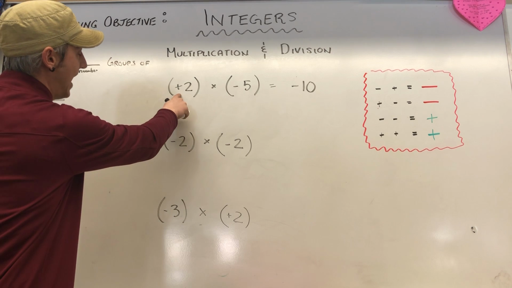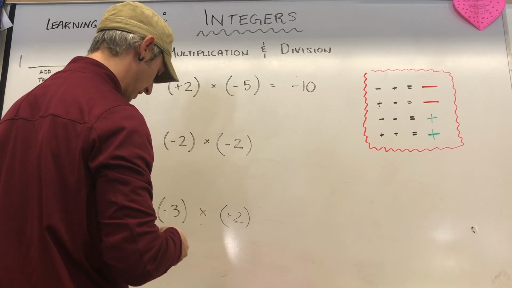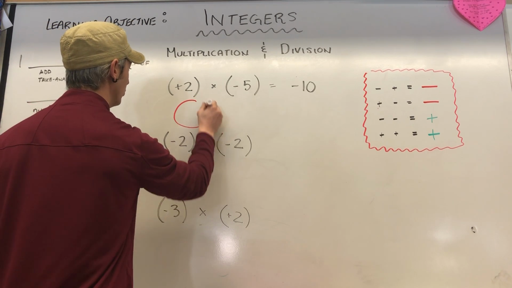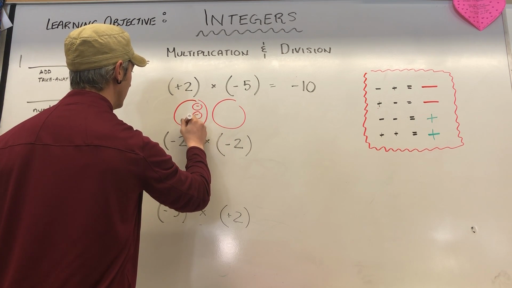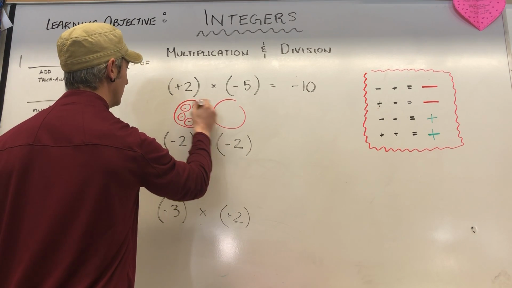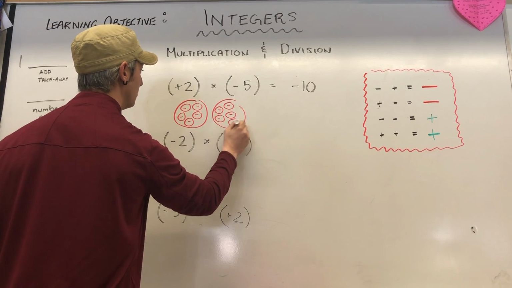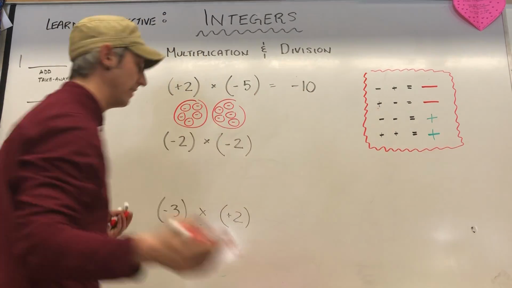I add 2 groups of negative 5. Okay, well I can do that. I'm going to add 2 groups, and I'm going to put negative 5 in each group. I'm adding 2 groups of negative 5, and then I count how many negatives I have, and I have negative 10. There we go.